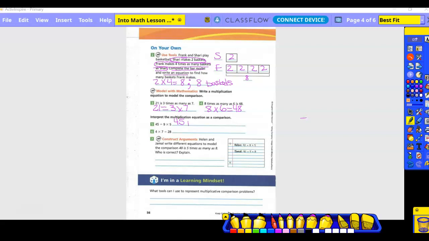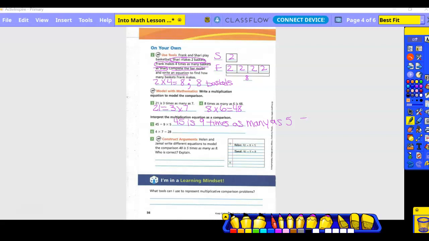Is. And then what's the number I see? 9. And then times as many as what? As 5. Okay, so we're using 3 and 4 to help guide us for 5 and 6.